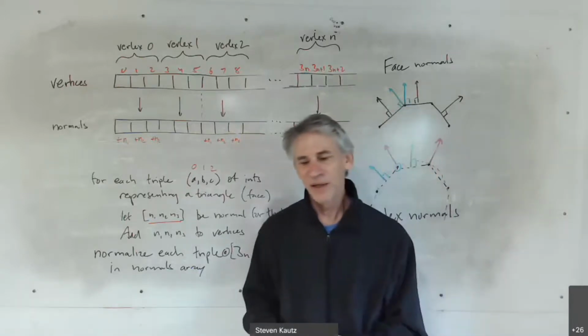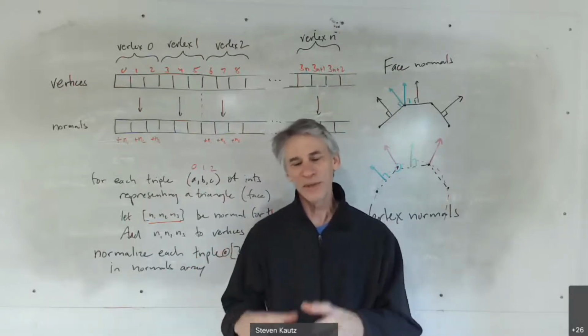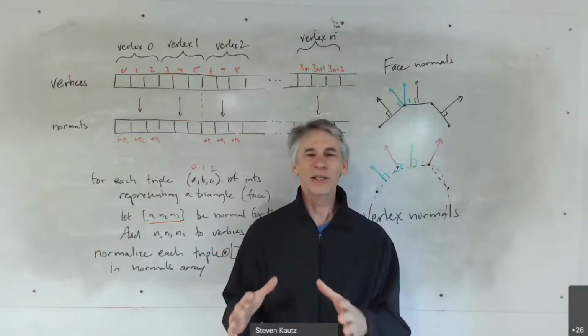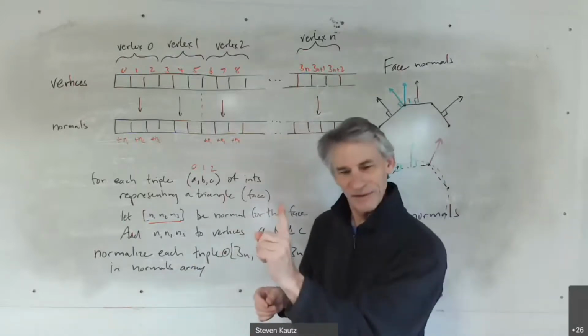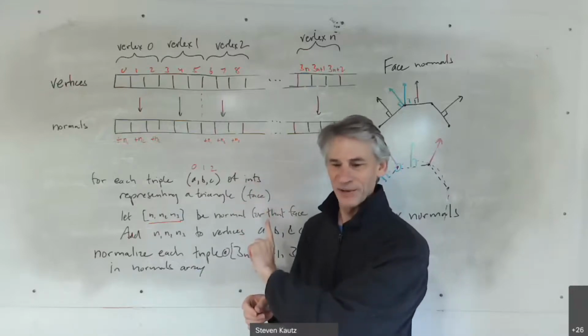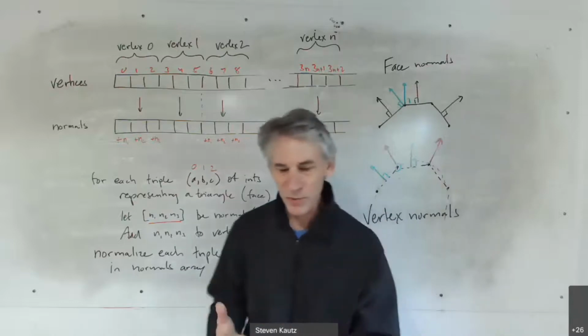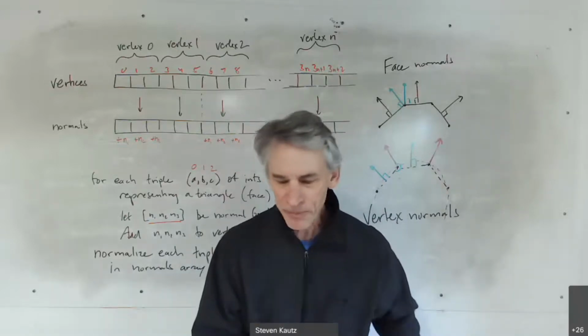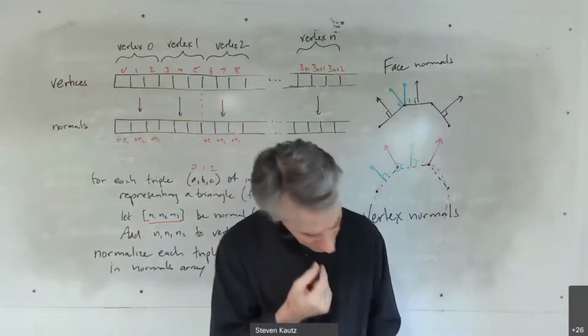This is the kind of thing that actually goes on inside of Blender when somebody creates a model, because it really isn't practical to expect the modeler to manually configure each normal vector. So it's done by an algorithm like this. And so we might as well try to understand that and see if we can use it. So that is good.